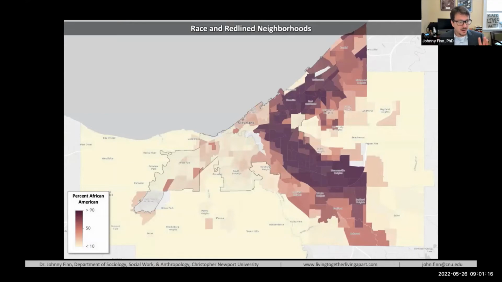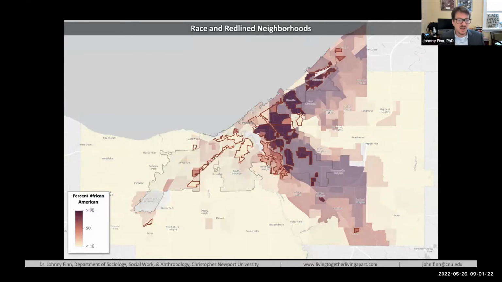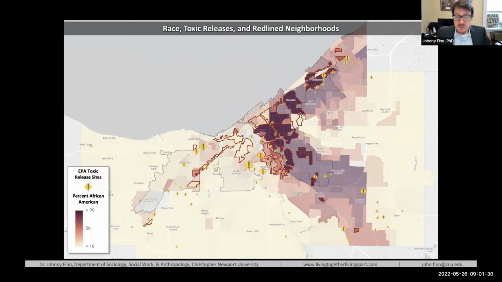So here, this is at the census tract level, percent African American. If we zoom in, focus in on redlined neighborhoods in Cleveland and the broader Cuyahoga County, let's add to this map toxic release inventory sites. If you ran the spatial statistics on it, these are over-concentrated in formerly redlined high minority neighborhoods.